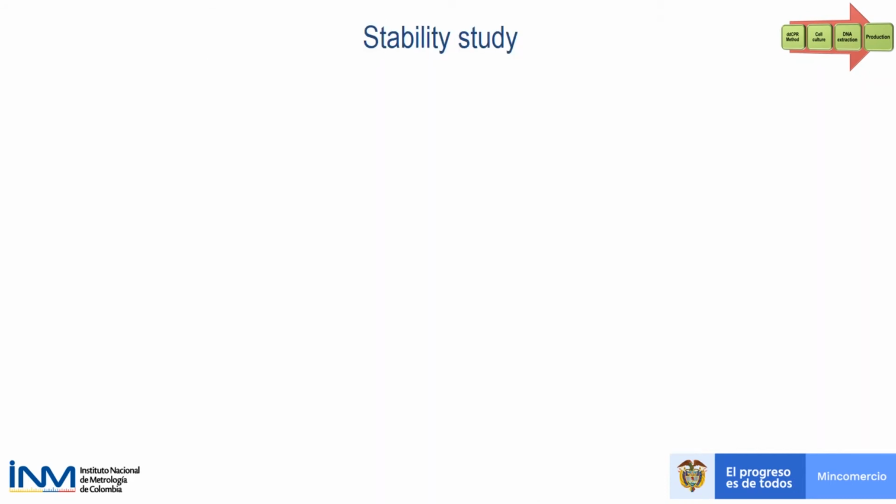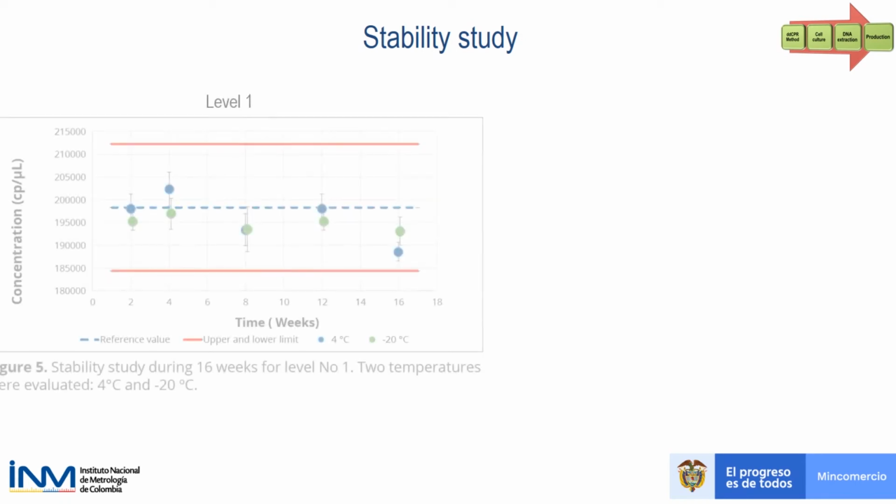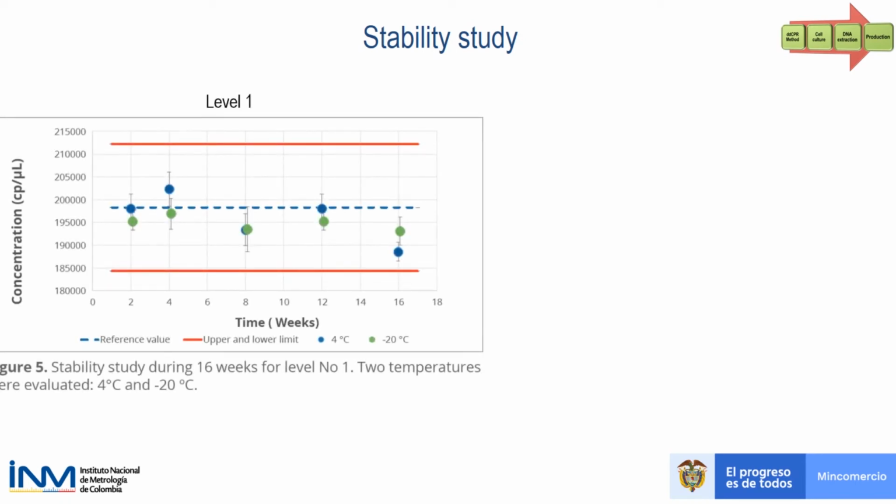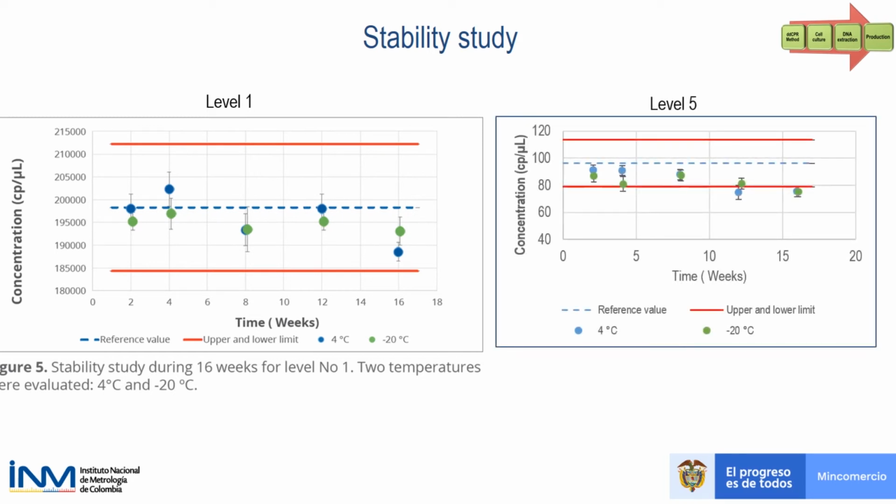The stability studies were performed for 16 weeks at 4 degrees Celsius and -20 degrees Celsius. The results showed that the data of the highest concentration levels are closer than the data of the lowest concentration levels. All levels were stable up to 12 weeks at the evaluated temperatures. However, the stability of the highest concentration of the material is longer, so we are currently continuing to evaluate it.